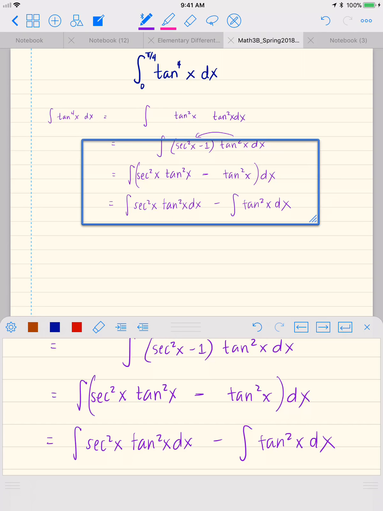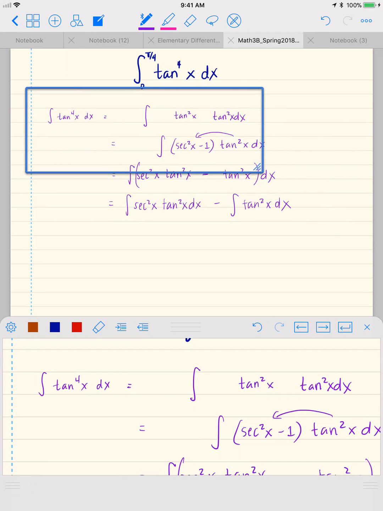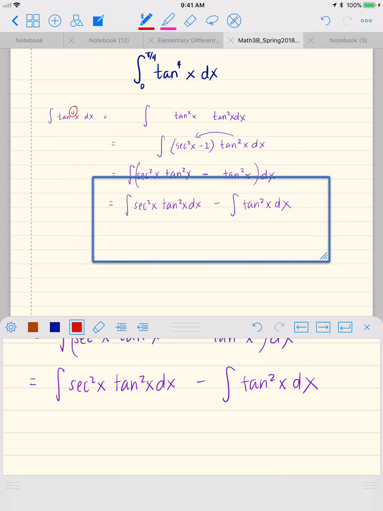So what we've done is essentially we started off with tangent to the power of 4, and we're ending up with tangent to the power of 2 plus an integral that looks like the case where the power of secant is even.